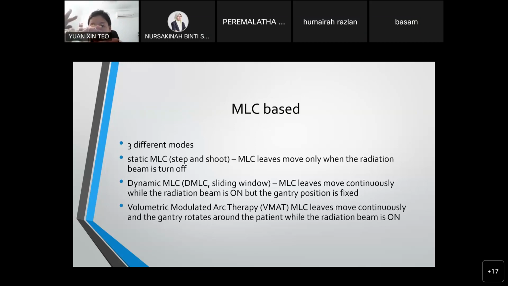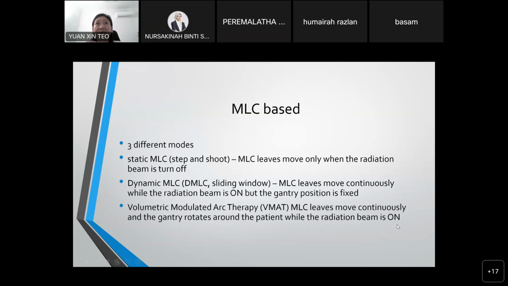And then as the technology developed and improved from IMRT, they developed Remap. Remap means volumetric modulated arc therapy. In this one, the MLC leaves move continuously and the gantry rotates around the patient while the radiation beam is on.